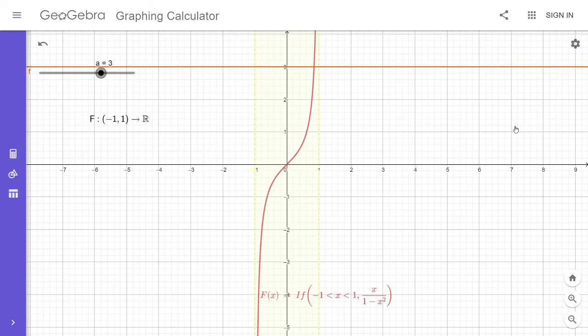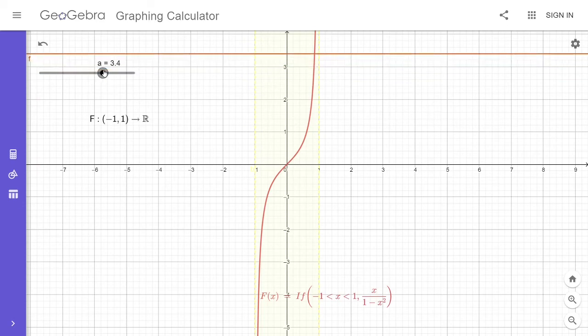Now let's consider an example for homeomorphism. This function f is defined from the open interval (-1, 1) to R, and it is given by x divided by 1 minus x square. Here, let's check if it's bijective. How do we check if it's bijective?